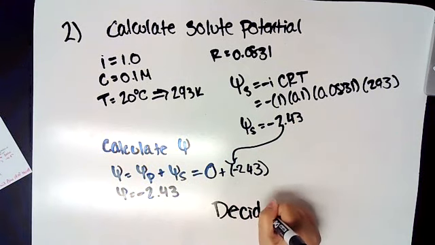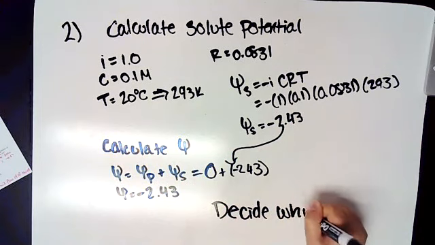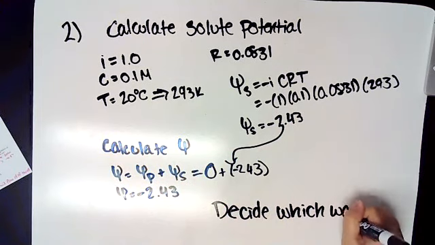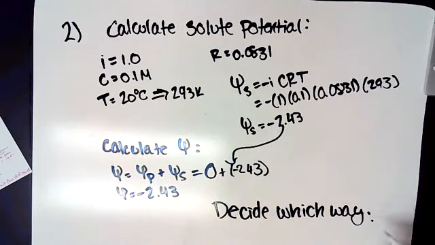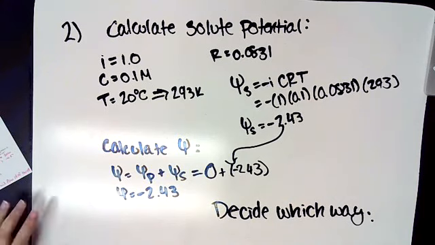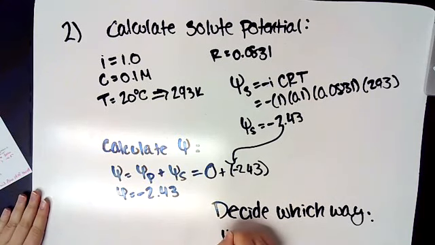And finally, decide which way the water will flow. So we need to compare the water potential of our cell to the water potential of the solution. We just calculated the water potential of the solution, so that is going to be negative 2.43.